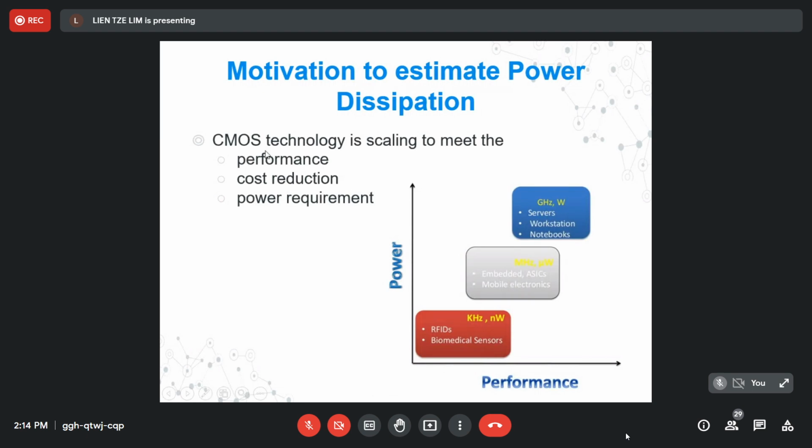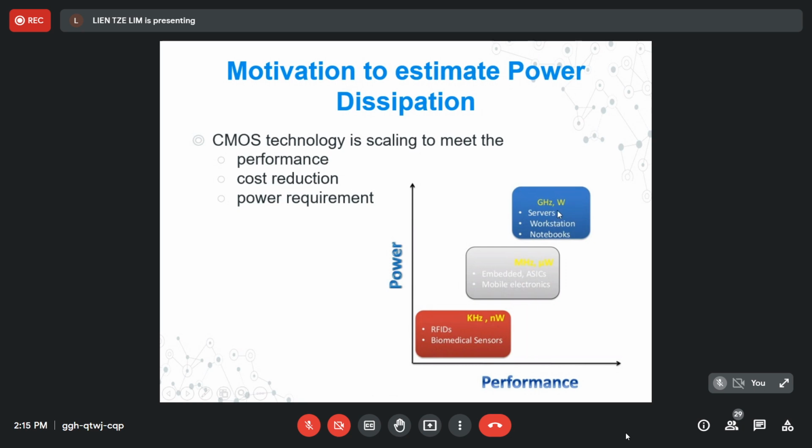Okay, CMOS technology is scaling to meet the performance, cost reduction, and power requirements. So you see the graph here. All these are digital systems, digital system chips, with the performance. The performance increases with high frequency and the use of high power.